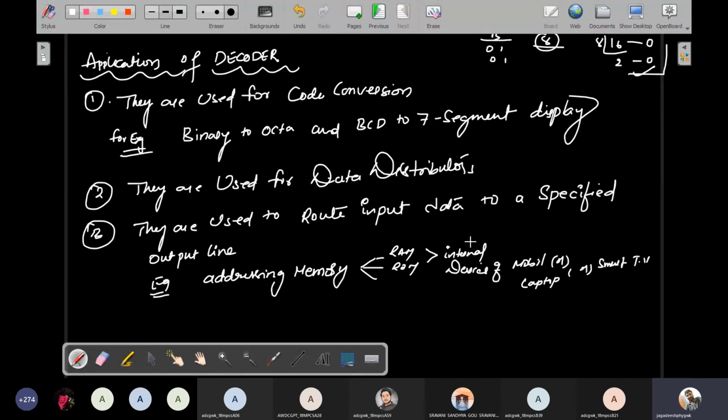Okay, so internal memory and the speed of the internal device depend upon addressing memory. So this is also called addressing memory. This addressing memory, RAM memory, ROM memory, all are included in addressing memory.